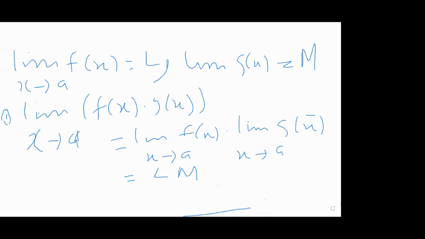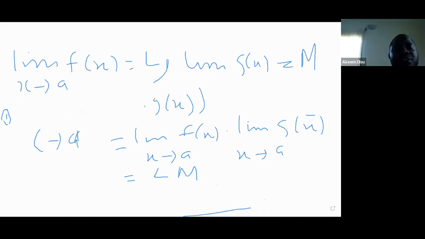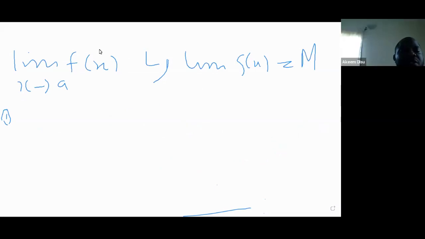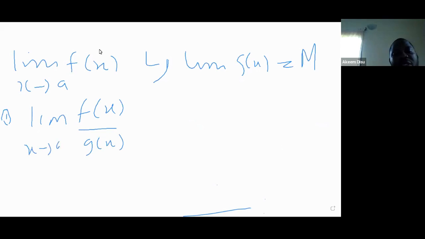In the same manner, we can also have what we call quotient of limits. To have quotient of limits, we have limit f of x over g of x as x tends to a.